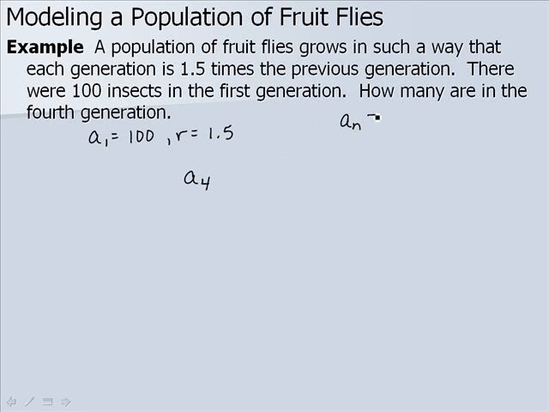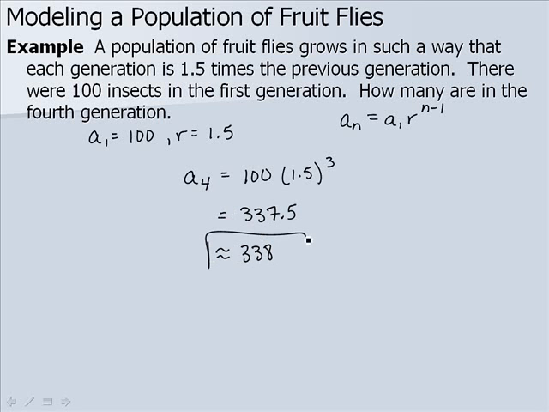So we use our definition, an is a1 r to the n minus 1. So a4 will be equal to 100 times 1.5 to the third. So we'll get a value for a4 of 337.5, or approximately 338 insects in our fourth generation.